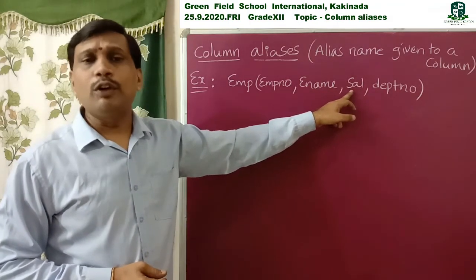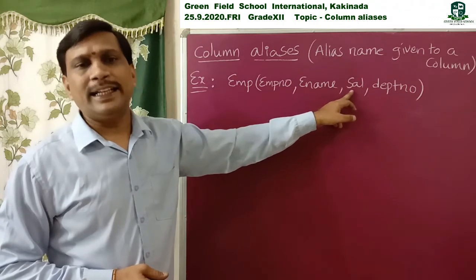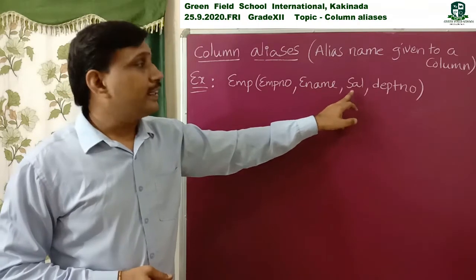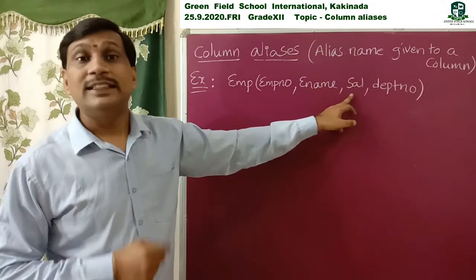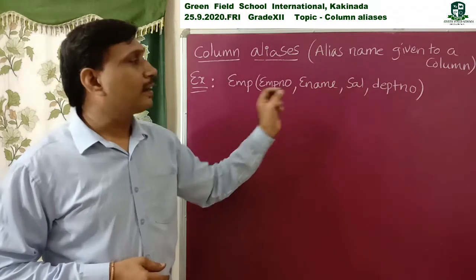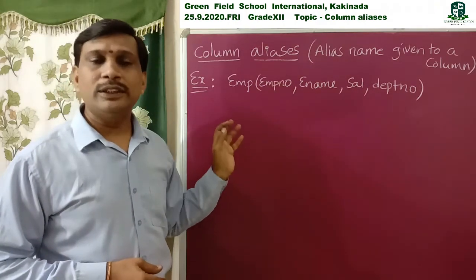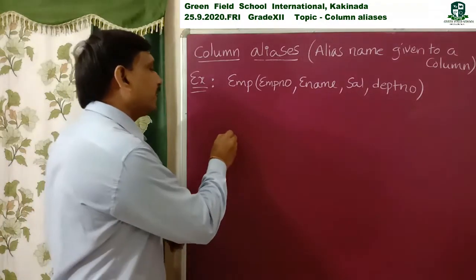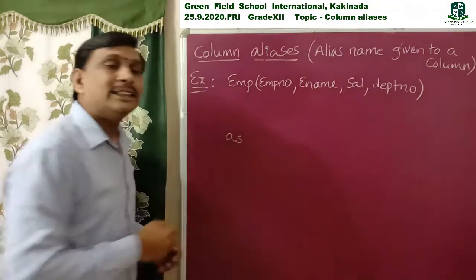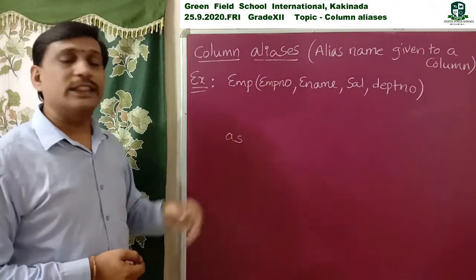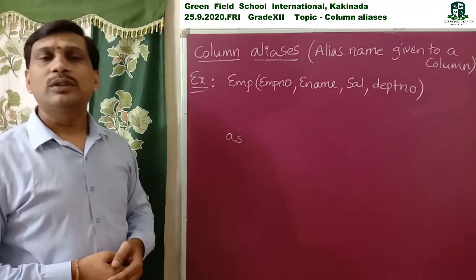I write the full form, salary, instead of sal. Here sal is the original name and salary is the column alias name. I write column aliases in the select statement by using the keyword AS. AS is a keyword, and by using this keyword we write column aliases.